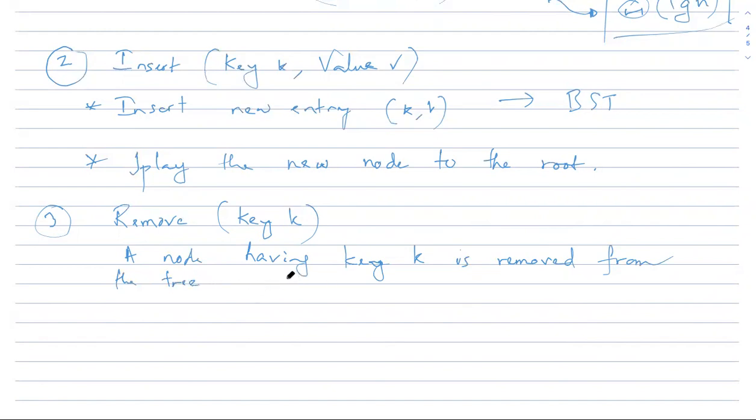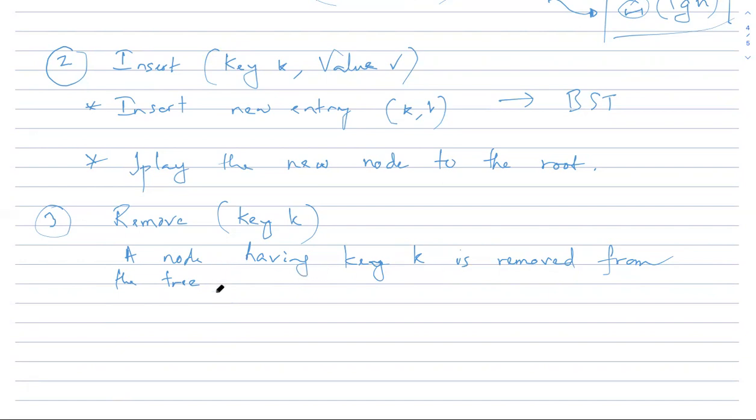This is removed following the algorithms that we discussed in the binary search tree, like all those 3 cases that we discussed: a node having no children, a node having only one child, and a node having both the children. All the 3 cases are applicable here. So you just follow the regular binary search tree removal procedure.